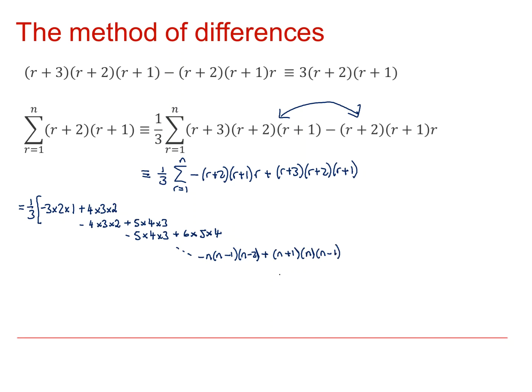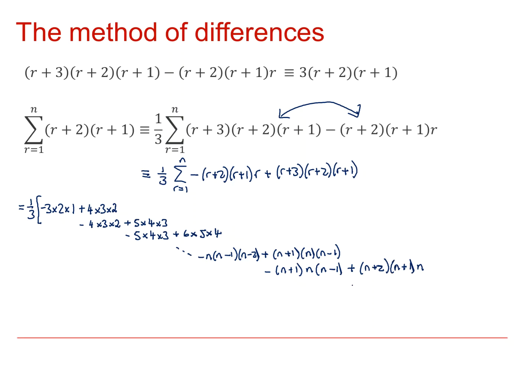If r is n minus 1, then I've got minus n plus 1, n, n minus 1, plus n plus 2, n plus 1, n.